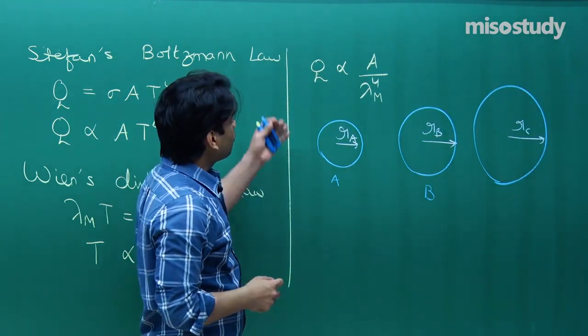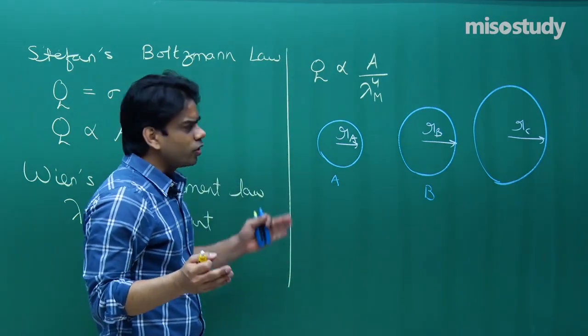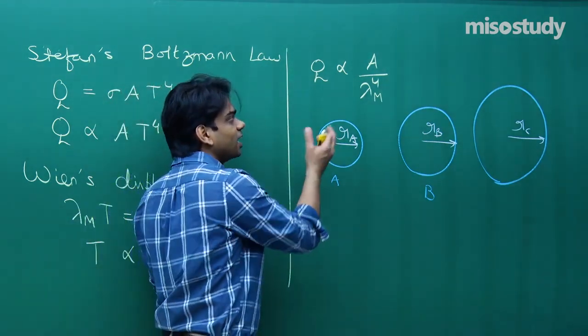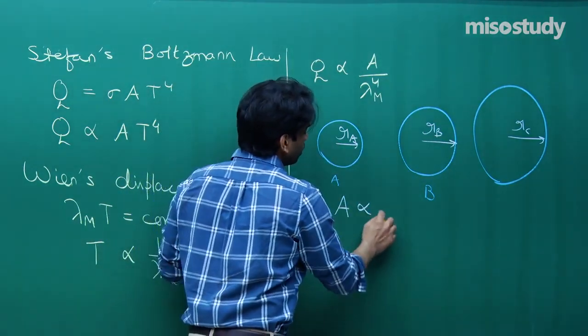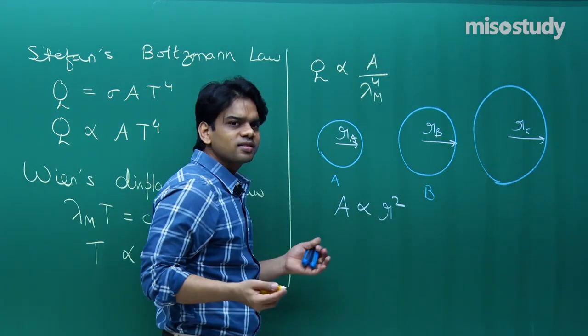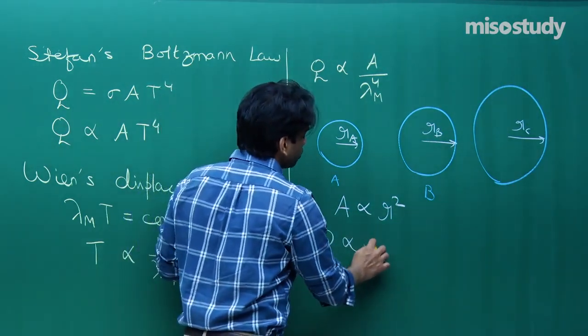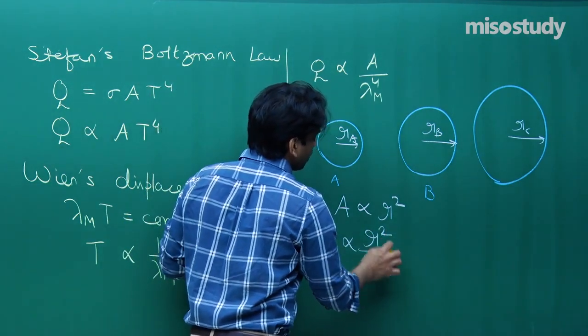Now you see what we can do. 2 surfaces will be exposed, but the factor of 2 will be common for both. So I am going to use the area, which will be proportional to r square, that is pi r square. So we can write Q will be proportional to r square divided by lambda m to the power 4.